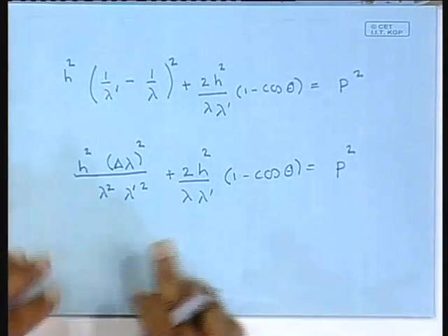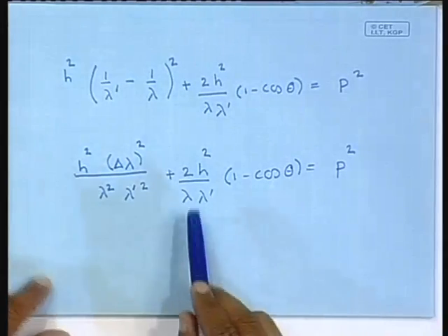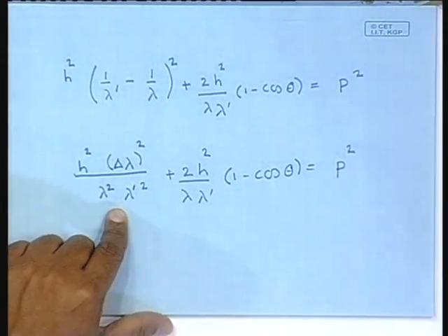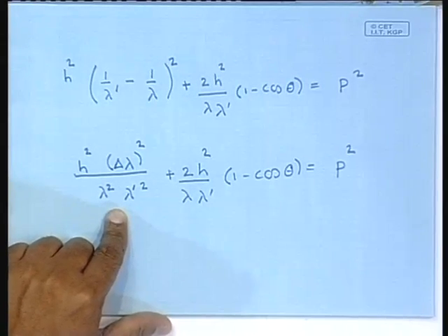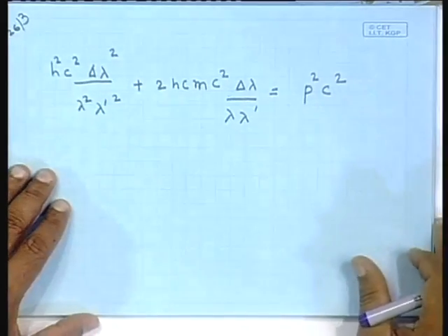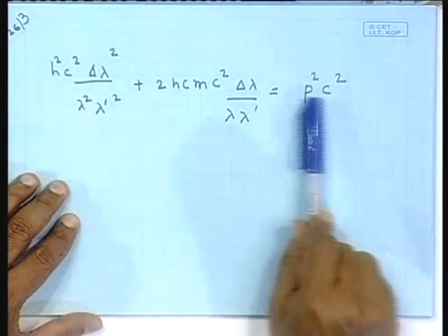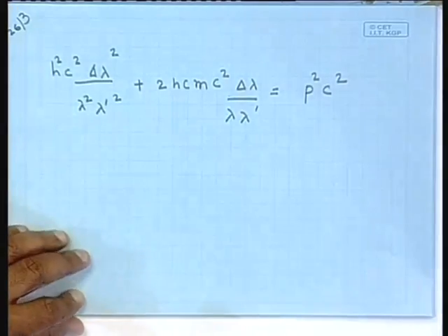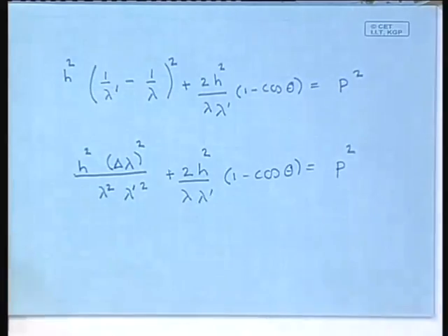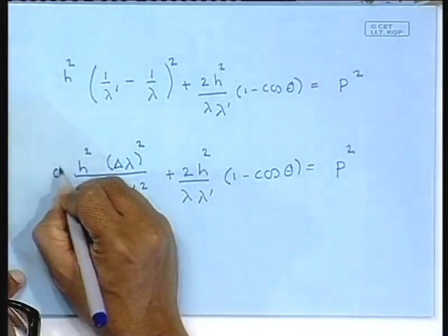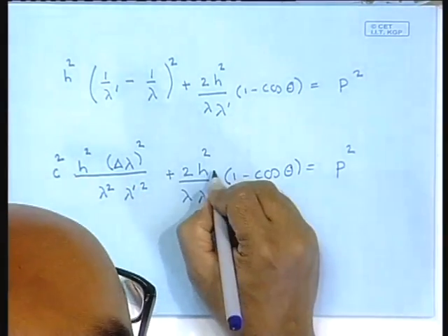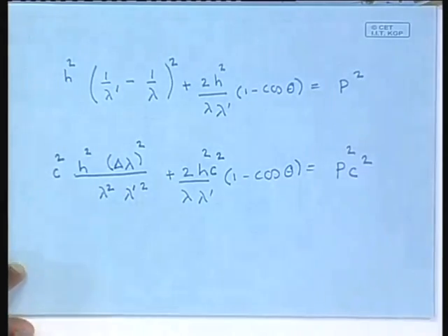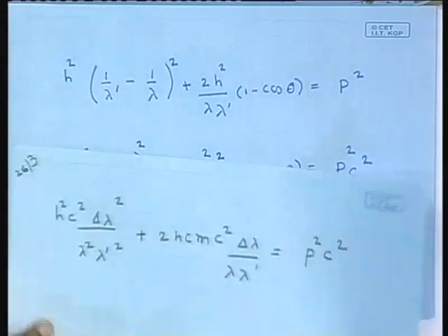So, the conservation of energy finally gives me this. The conservation of momentum finally gives me this. The conservation of energy, which we had worked out in the last class, finally gives me this. I have to multiply this equation by c square if I want to compare it with the conservation of energy. Now, we can straight away compare these two expressions.